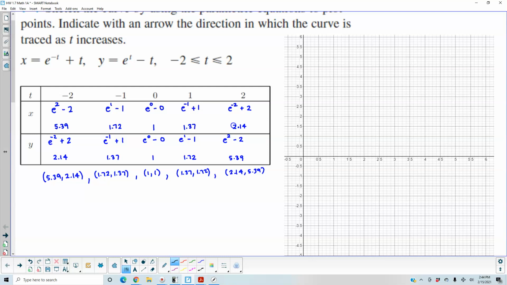So we have 5.39. Okay, and then we have 2.14. You can see that's about approximately right there. And then we have 1.72 and 1.37. And then we have 1 and then 1.